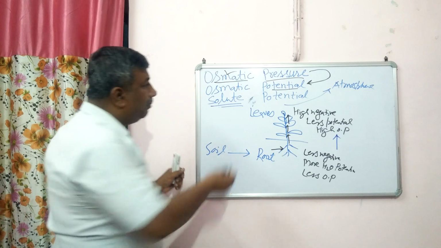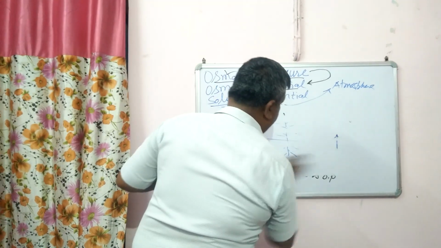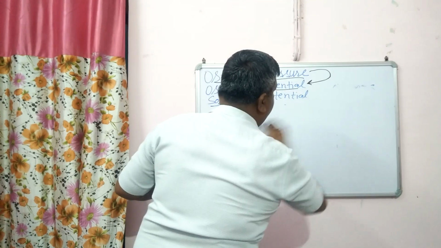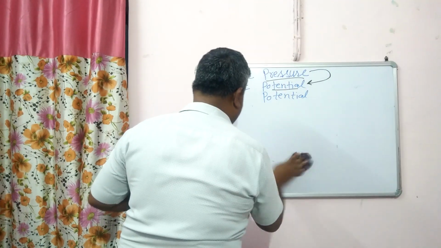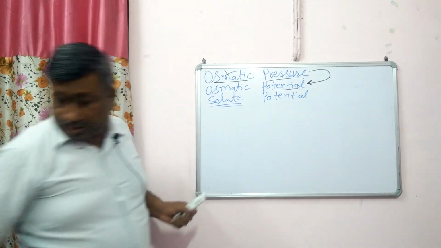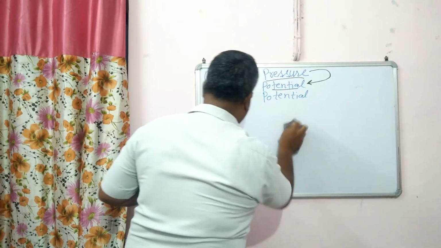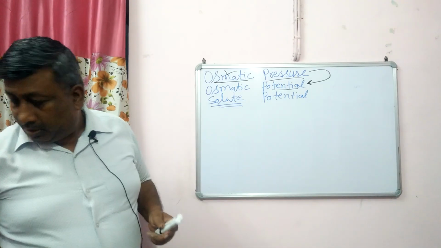When we talk about the types of plants: hydrophytes, mesophytes, xerophytes and halophytes. This is a very important question and may be asked in examination about water potential or osmotic potential.